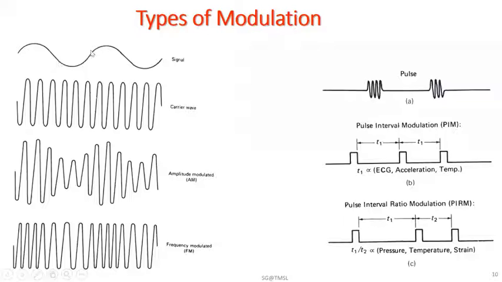This is the input signal and this is the carrier wave signal. When it is applied to the FM transmitter, the frequencies are very low over there and here the frequencies are very high. So in this way the frequency modulation signal is generated.